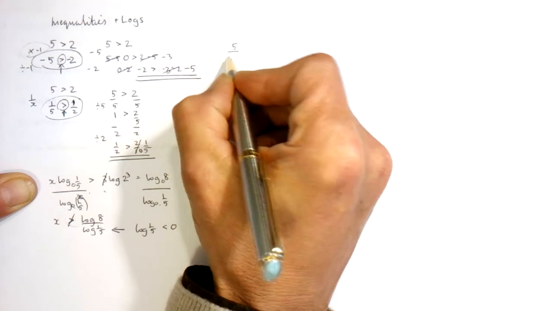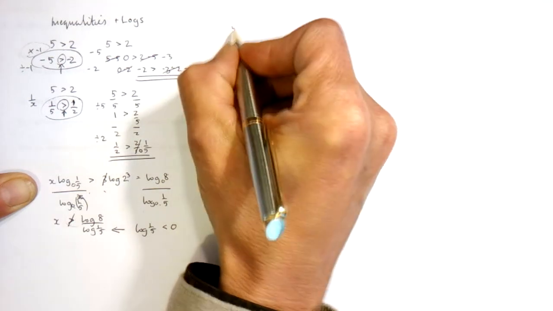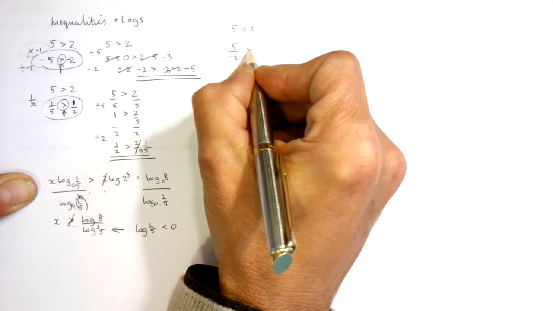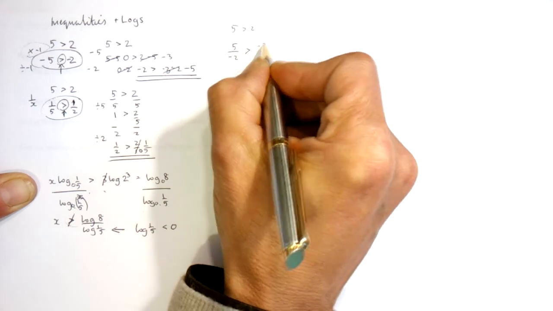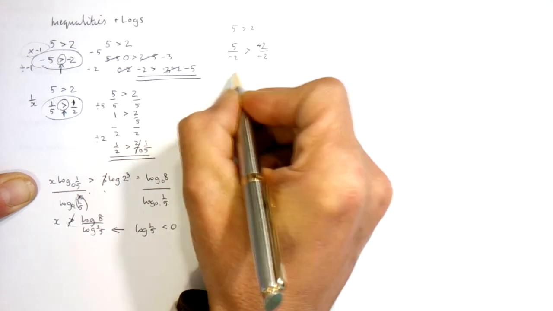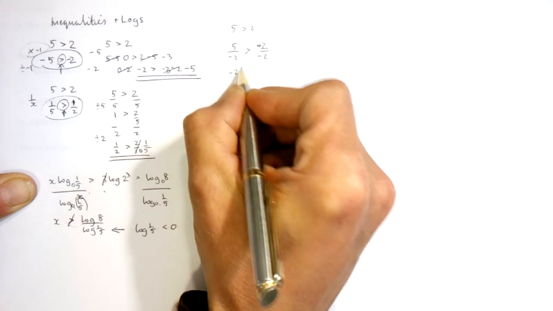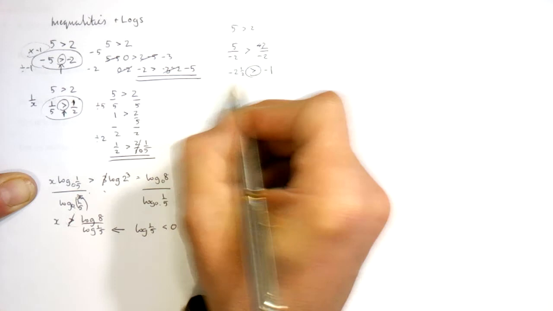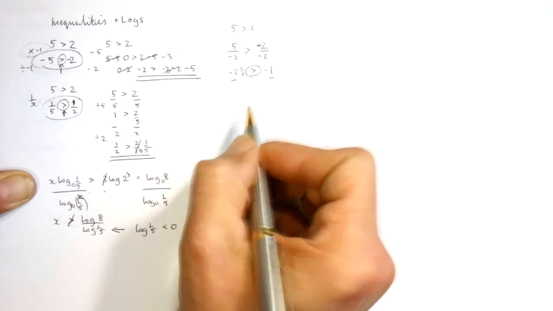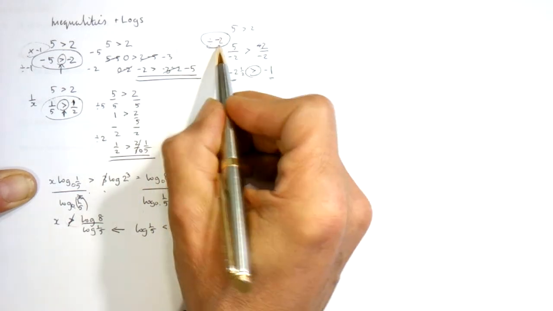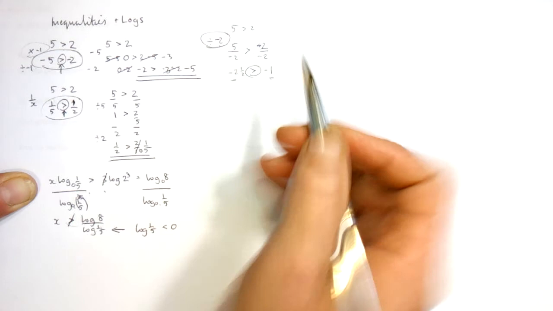If I do 5 divided by minus 2, start off with 5 is bigger than 2, divide by minus 2 is not bigger than 2 divided by minus 2, because this is minus 2.5, and that's not bigger than minus 1. This is a smaller number. So for the same reason we discussed in here, when we divide by a number that's negative, we need to change our inequality sign.